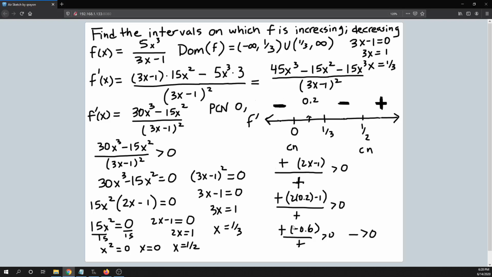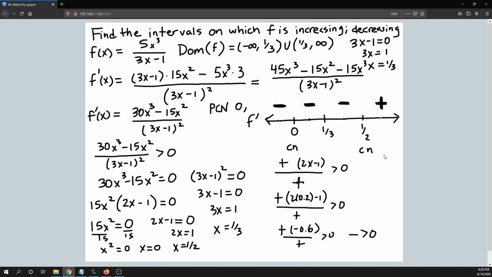That will give me a negative on top. A negative divided by a positive will come out to be a negative. So this is what we get when we do that. Okay, so that's what our sign diagram looks like for this.